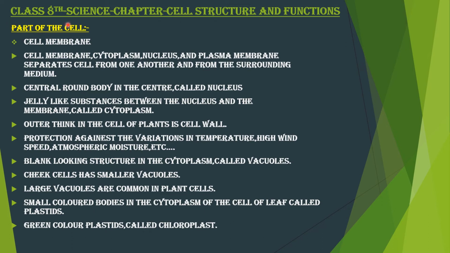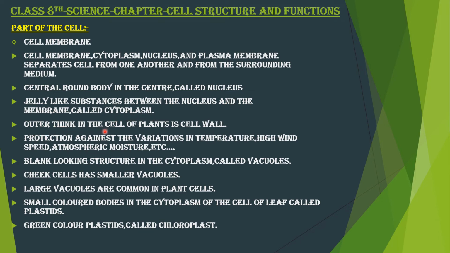Next, parts of a cell. Cell membrane, cytoplasm, nucleus. The plasma membrane separates the cell from one another and from the surrounding medium. The central round body in the center is called the nucleus. The jelly-like substance between the nucleus and the membrane is called cytoplasm.